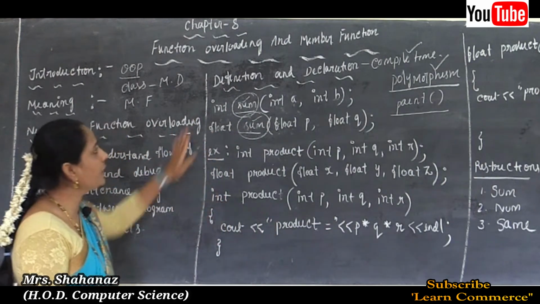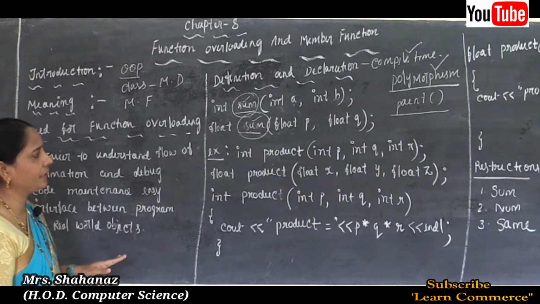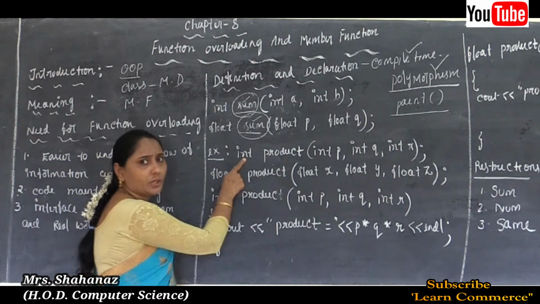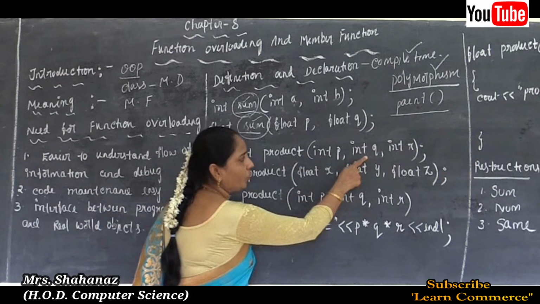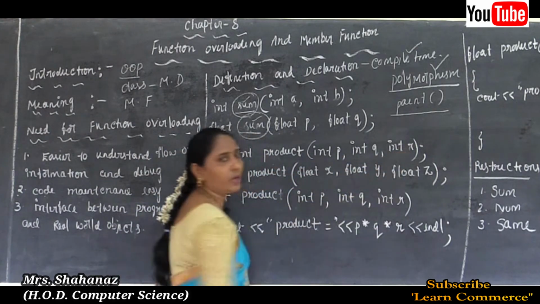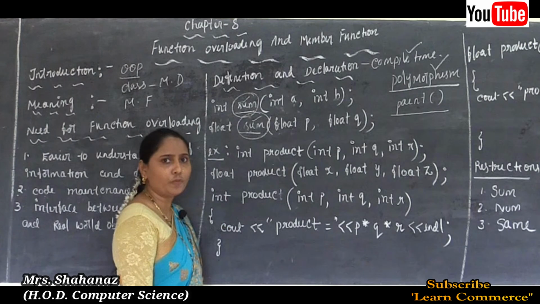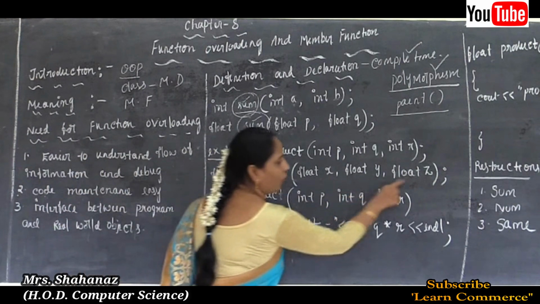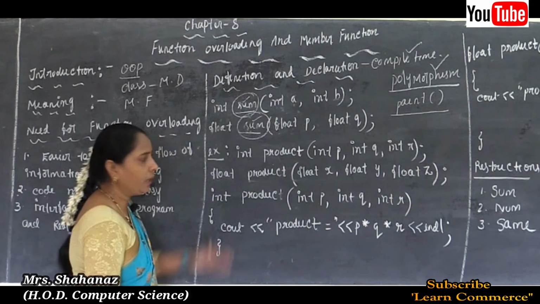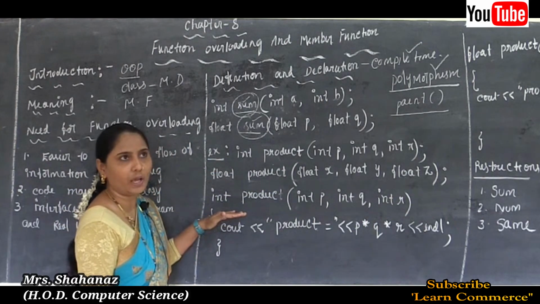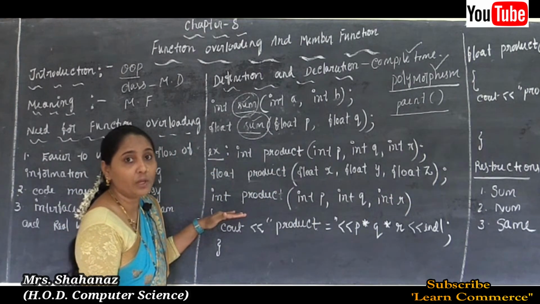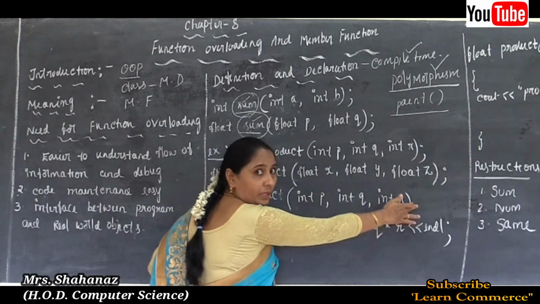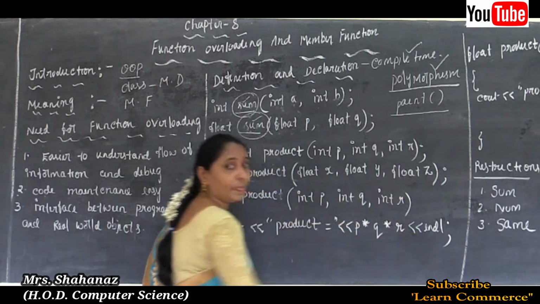Now let's see the definition and declaration. In this example, int product with int p, int q, int r is called the declaration of the function overloading. After that, this is called the definition of the function overloading, because there is no semicolon here.